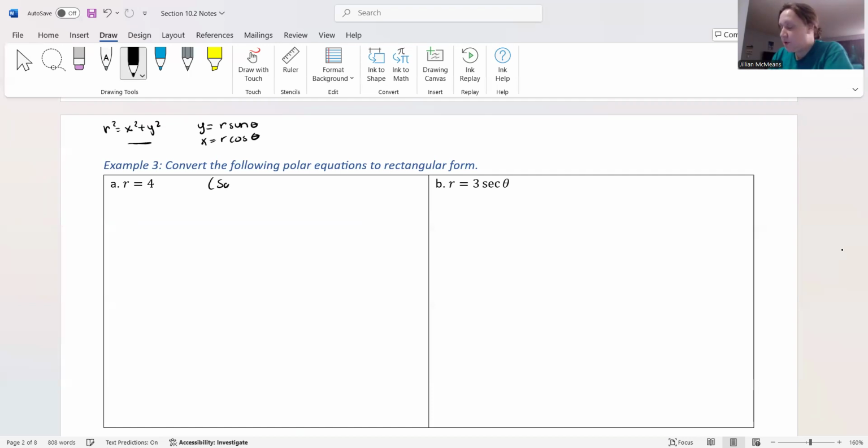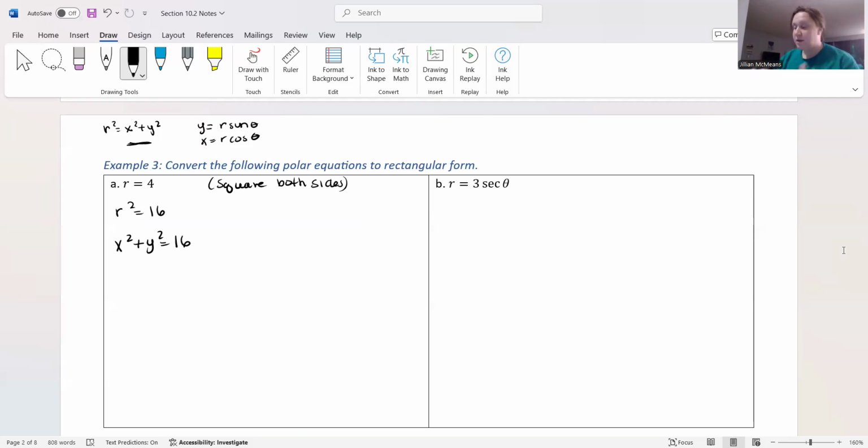So we're going to square both sides. That's going to give me r squared equals 16. And then don't forget, r squared is really equal to x squared plus y squared. So let's do that substitution. So we get x squared plus y squared is 16. And hopefully your Math 171 algebra brain is screaming right now.